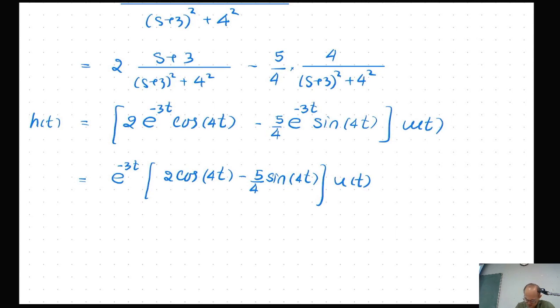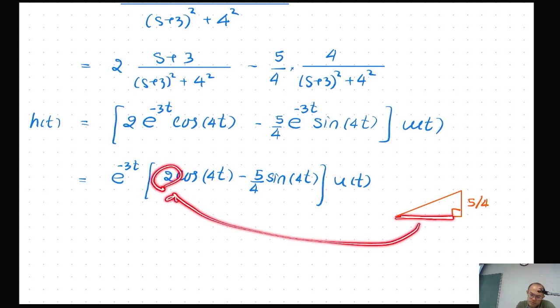And again, I can draw a right triangle, where the vertical length, the height, is 5/4, and the horizontal width is 2.